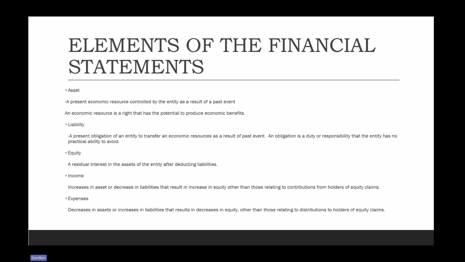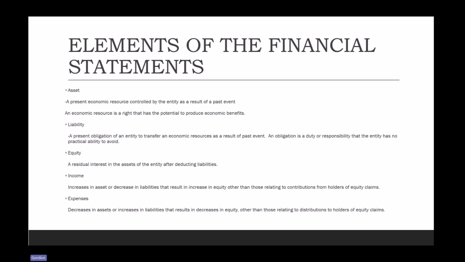Does everyone understand this? The reason why I'm taking my time to explain this is that this is it. If you understand this, there is no financial statement that you'll not be able to prepare. There is no journal entry that you'll not be able to pass. Many people fail because they don't understand. You need only these 5 things to be able to prepare financial statements.